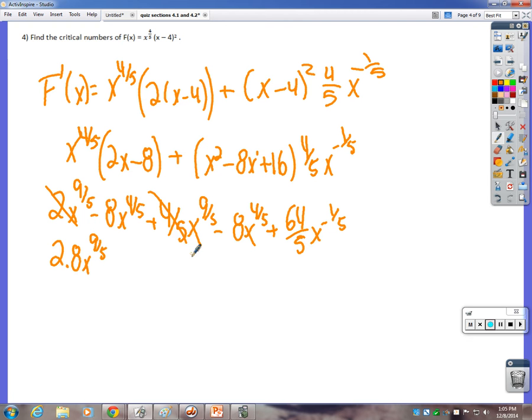Feel good about that? Okay. Minus 8 of these, minus 8 of these is minus 16x to the 4/5. So we're done with that, right? And then this 64 divided by 5 is really 12.8.